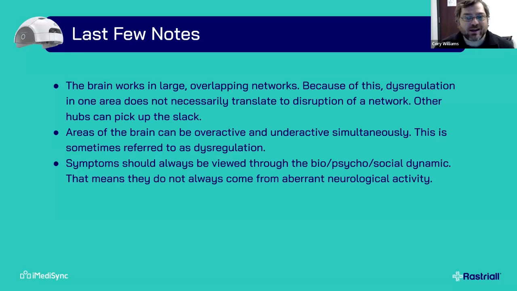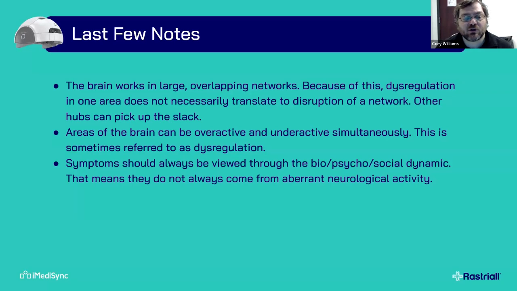I put in a few last notes here. The brain works in these really big and dynamic networks. Because of that, when we see dysregulation in one specific area, it may not disrupt the entire network. It absolutely can, but sometimes the rest of the network can pick up the slack, so to speak.